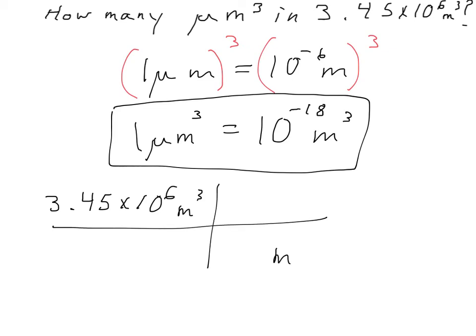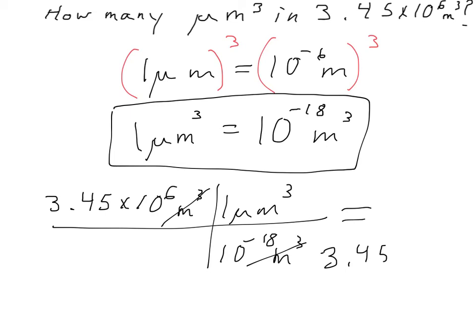Place cubic meters where they'll cancel out. We're left with micrometers. Multiply everything on top, divide through by everything on the bottom, and we get 3.45 times 10 to the 24th cubic micrometers. Chemistry's easy, life is hard, yes?